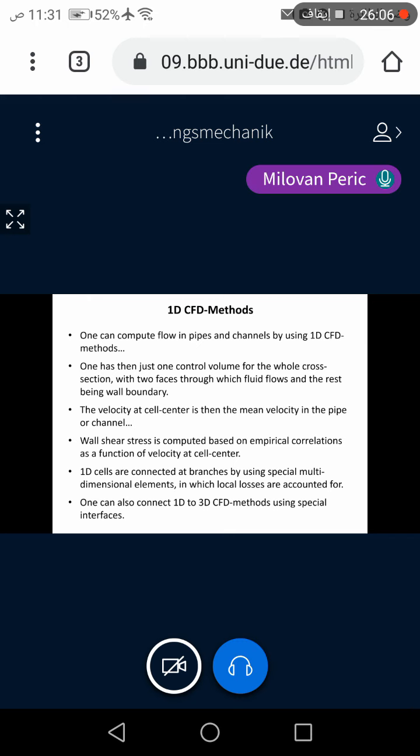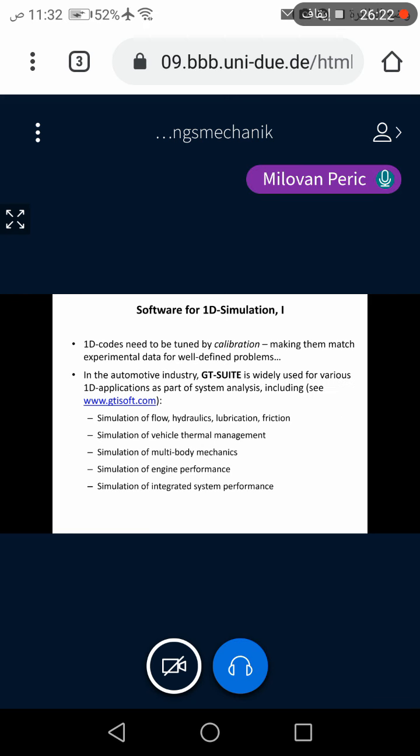And one can connect these 1D methods with 3D methods if you, for example, have a branch which is treated in a 3D sense, and all straight parts are treated using these one-dimensional elements. So, no more details on 1D. If you are interested, I encourage you to have a look at some of the codes that I mention here.